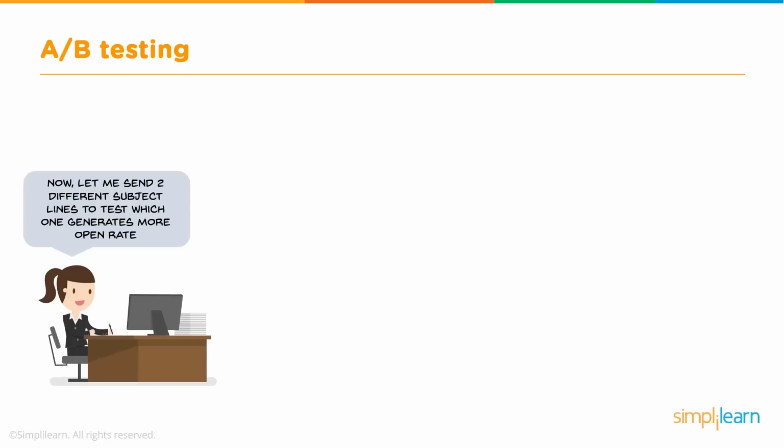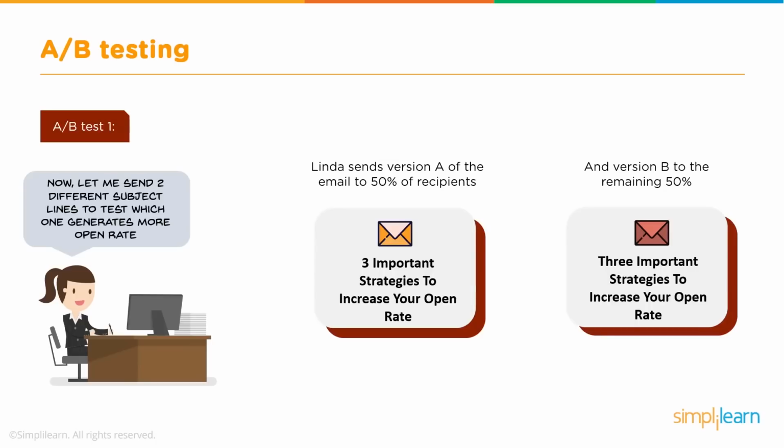She's going to send 2 different subject lines to test which one generates more open rates, because that's what subject line A/B testing does. One of them is going to have a higher open rate. Okay? So in our example here, Linda sends version A of the email to 50% of the recipients with the subject line, "3 important strategies to increase your open rate."